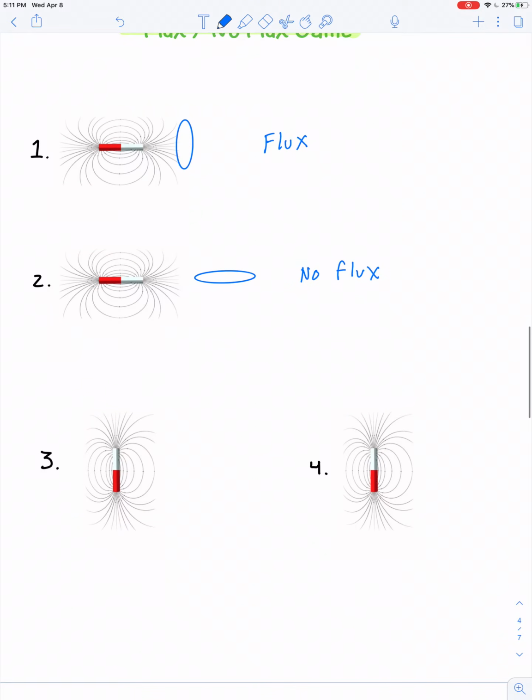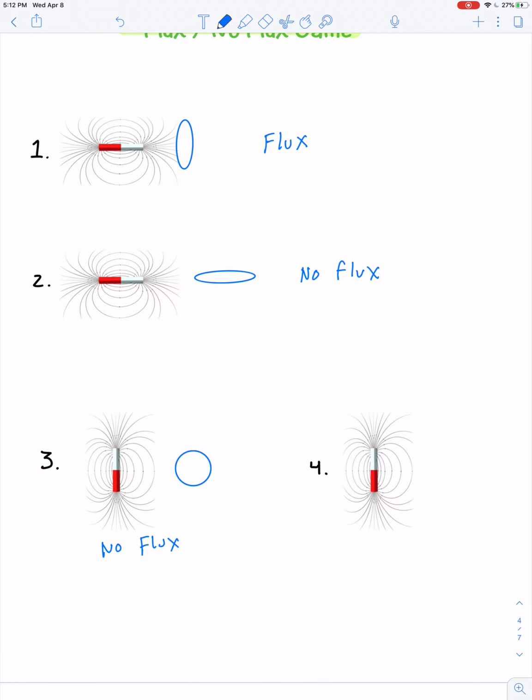Okay, let's take this loop of wire and rotate it about an axis so that we view the loop of wire straight on, so we see its full circular shape. And we've also rotated the magnet. Flux or no flux? Right again. No flux. Okay, you're doing great.